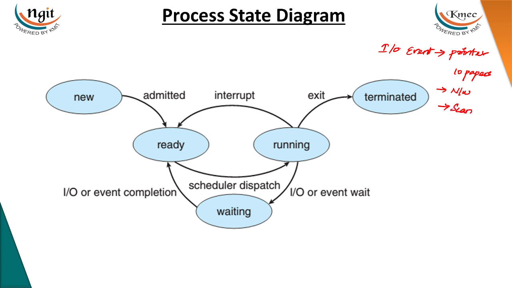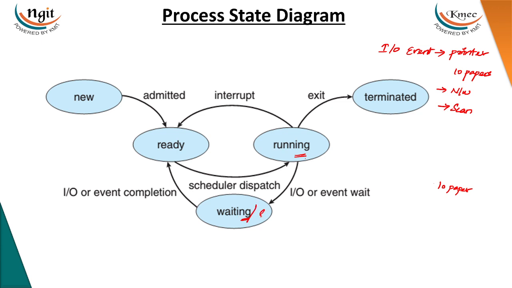All these are IO operations. If any IO event is required by a process, the process will be moved from running to waiting state. So a process that is printing 10 or 20 papers is in the waiting state.